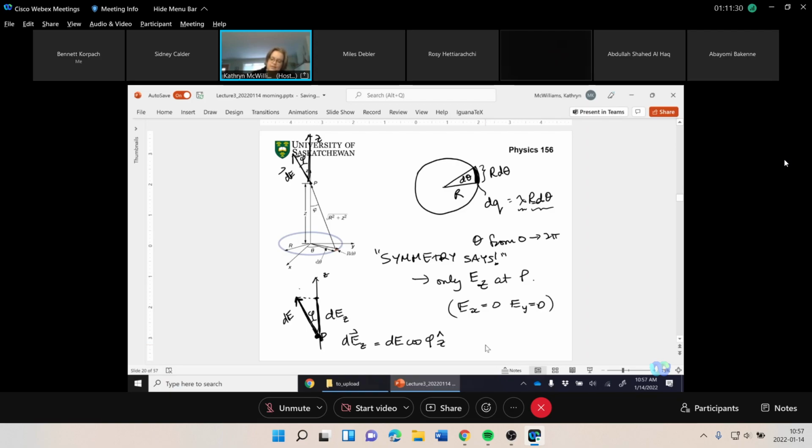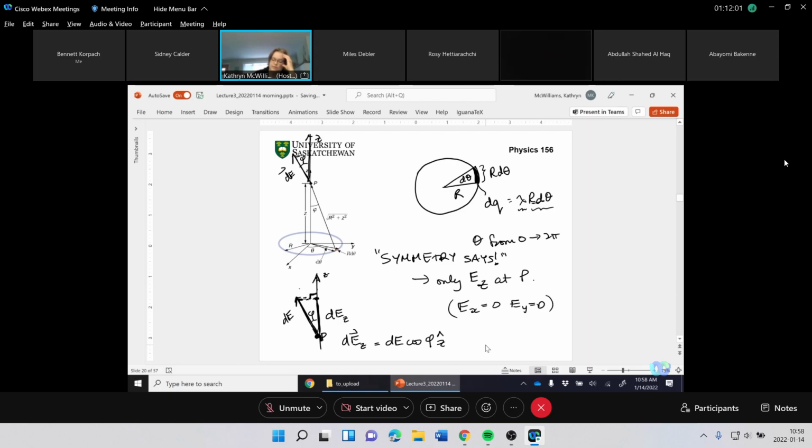With parallel lines, these two angles are the same on both sides. So we've got our dE here that's produced by this charge. We've got our z direction, and the only electric field component that we care about is the vertical part of it, because that's the only thing that survives this integration. So we want to figure out what the z component is.